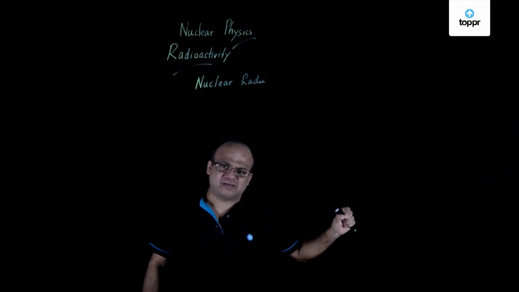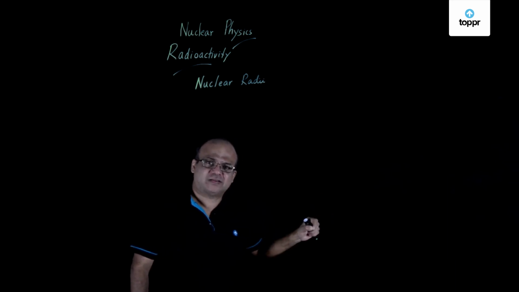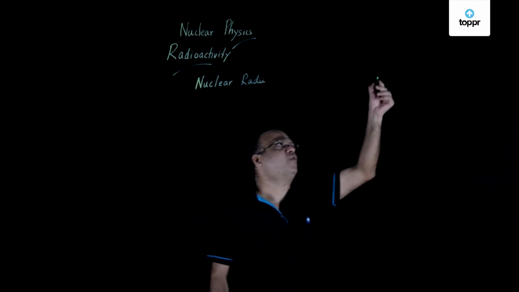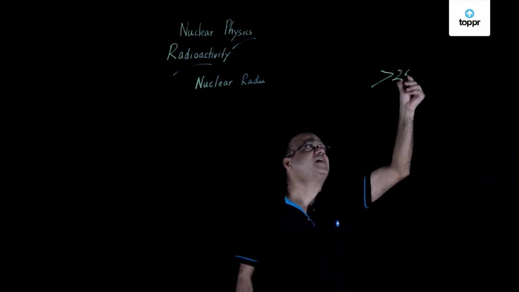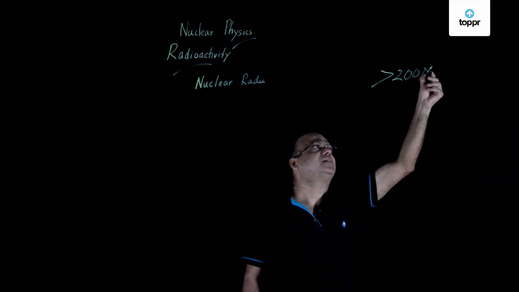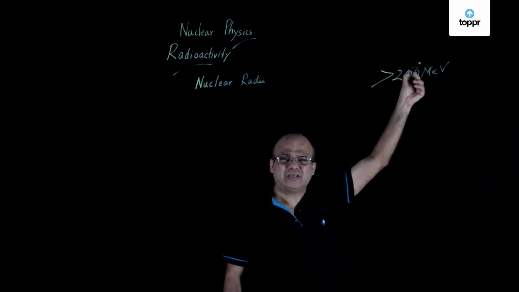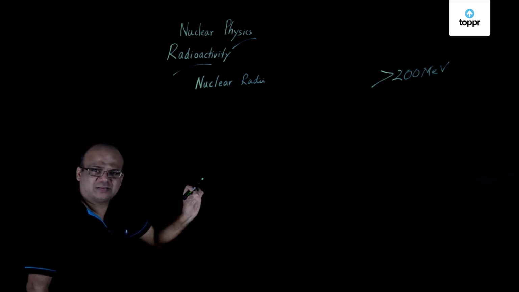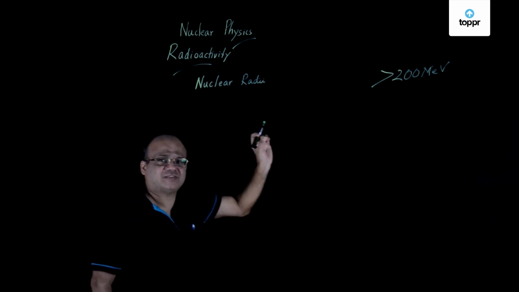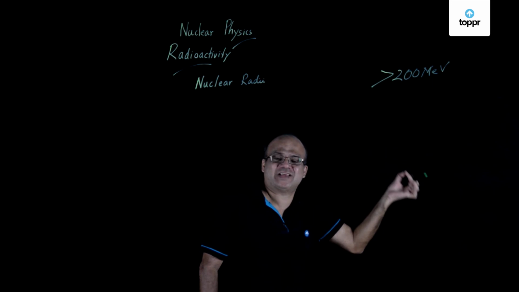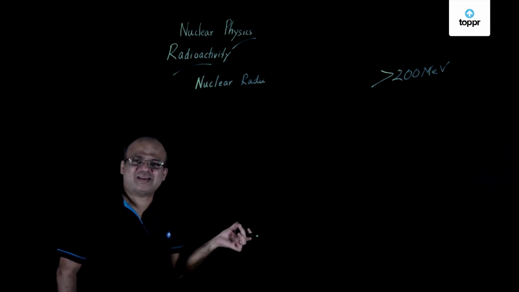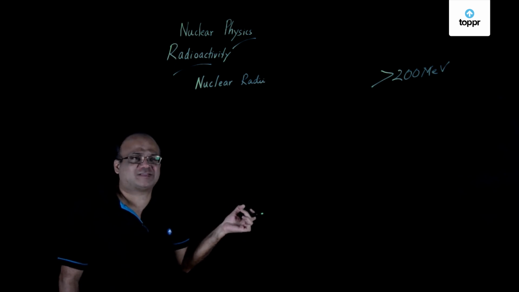Nuclear radii are estimated by bombarding the nucleus with more than 200 MeV electrons, so that the de Broglie wavelength of the electrons is smaller than the nucleus. With this, we can estimate the radius of a nucleus.